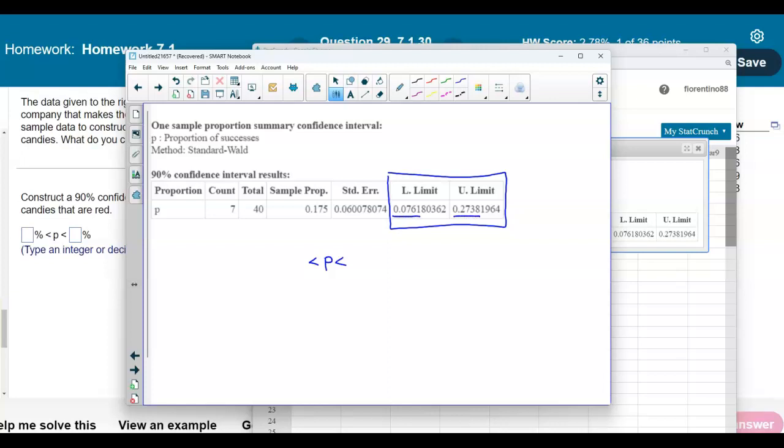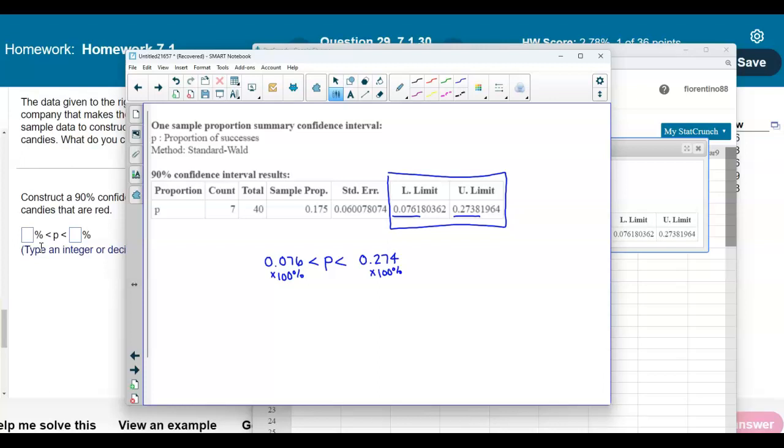So for the first one, 0.076 represents the lower limit, and the upper limit rounded to 3 decimal places is 0.274. In the question, they want us to type in an integer or a decimal as a percent. So we're going to multiply both values by 100% to convert them.